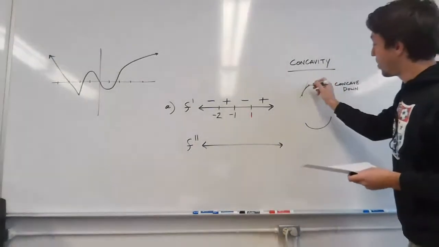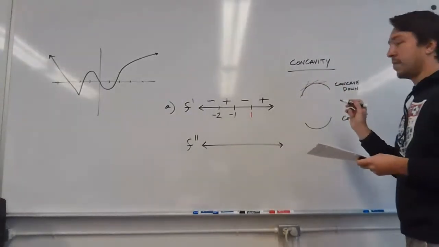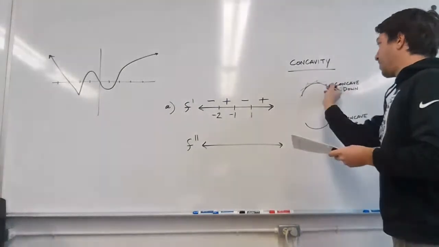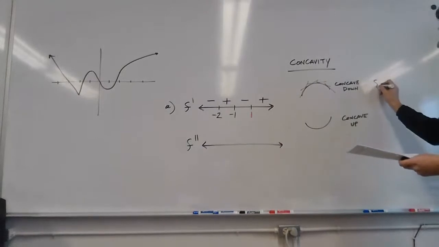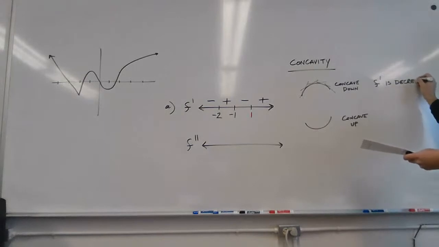Pretty big positive derivative. Not so big. Even less. Now it's negative. Now it's even more negative. So what's happening to the derivatives? F prime is getting more negative. Yes, so the word for that is decreasing. So F prime is decreasing.